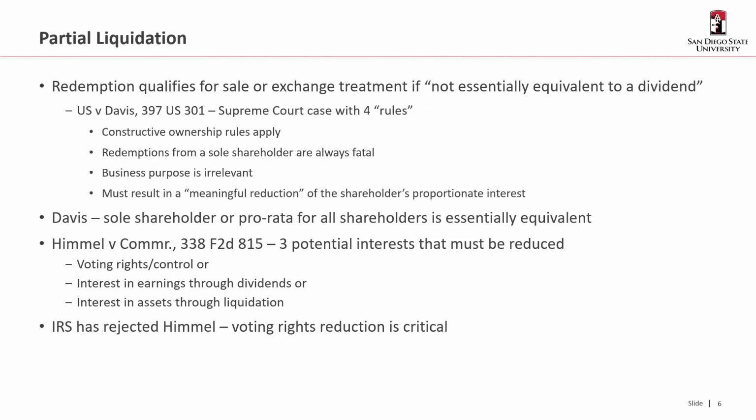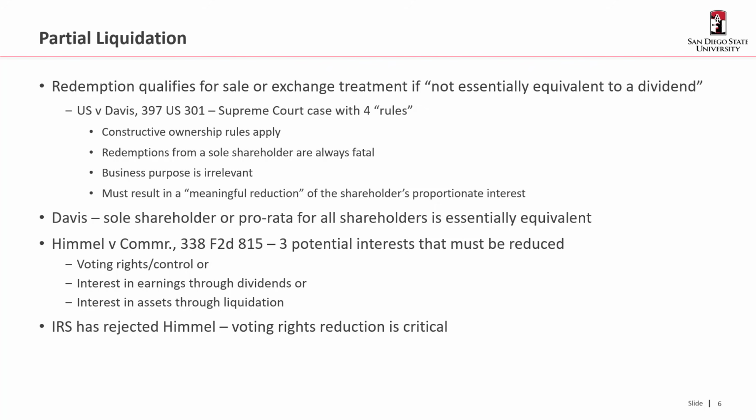That means if there's only one shareholder and that one shareholder tries to do a redemption, there's no way they're going to get not essentially equivalent to a dividend treatment. That business purpose was irrelevant, but there must be that meaningful reduction of the shareholder's proportionate interest.